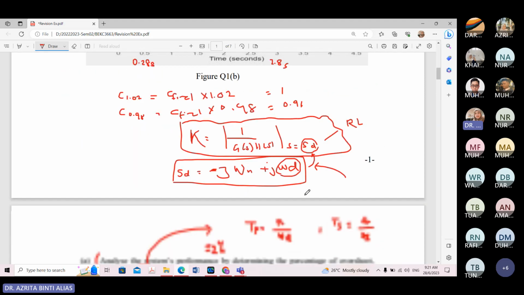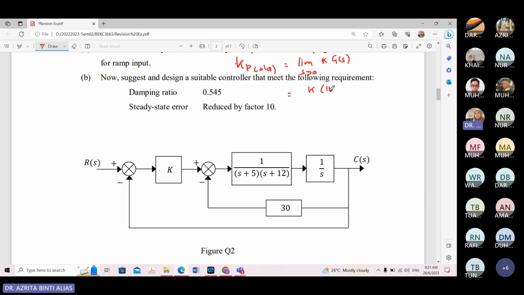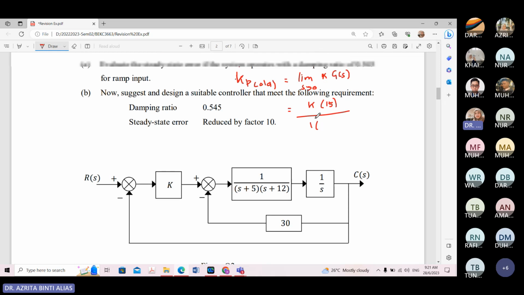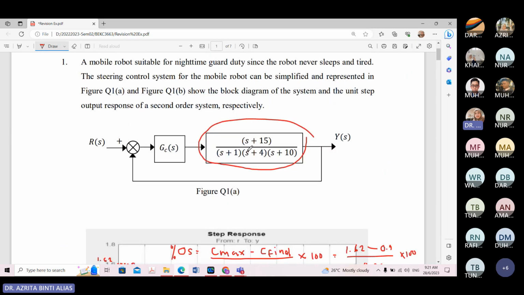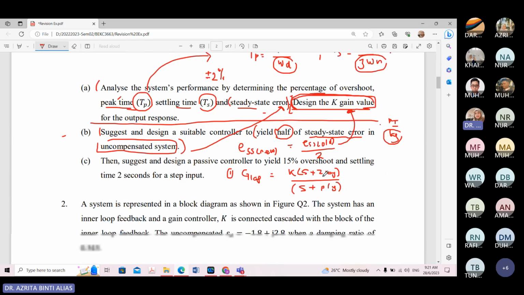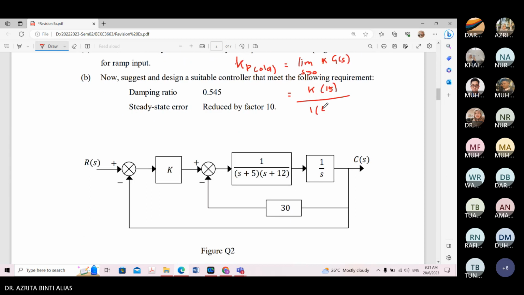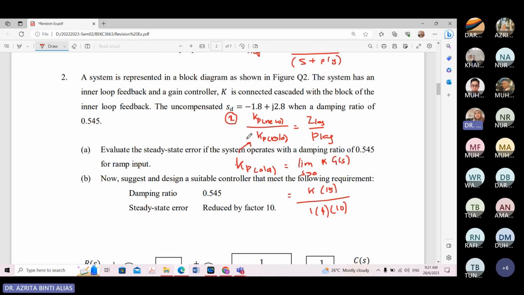That means we have here K multiplied by 15 over 1 multiplied by 1 for 10. Okay, so we already obtained the Kp old.